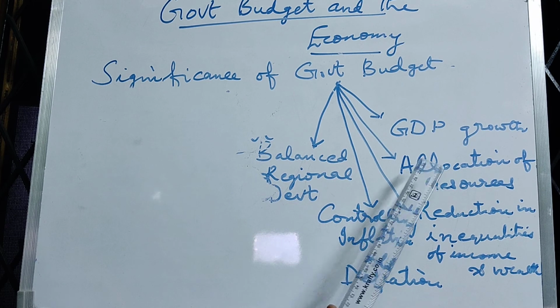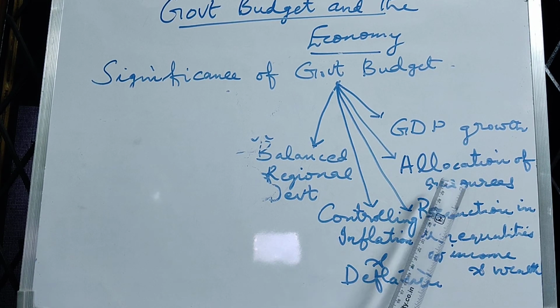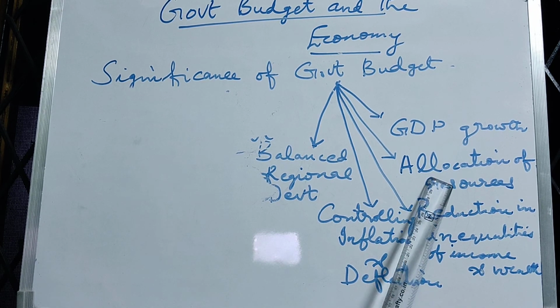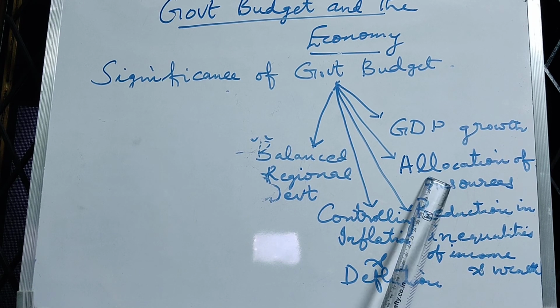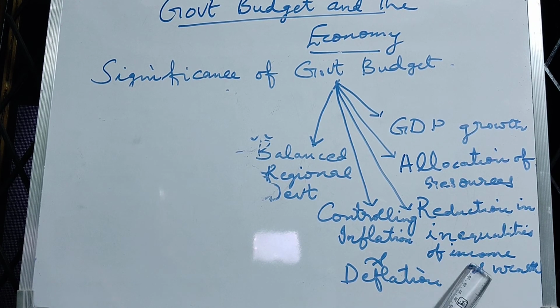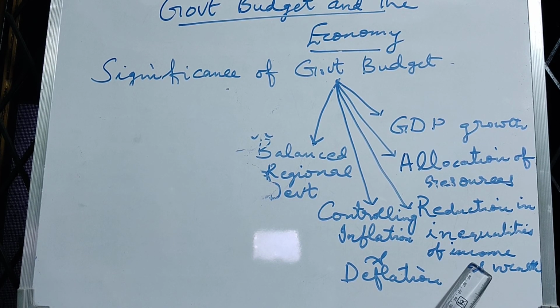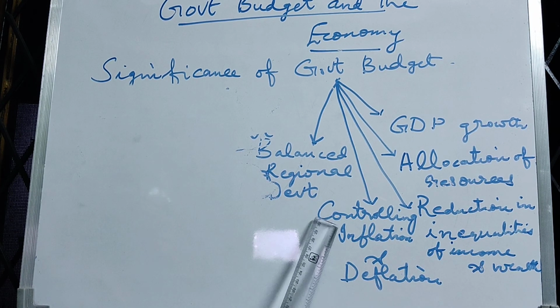These are the importance of government budget. Government budget helps in GDP growth. It helps in the allocation of resources for various uses, a proper allocation of resources without wasting them. It helps in reducing the inequalities of income and wealth; the economic divide between rich and poor can be reduced to a certain extent.